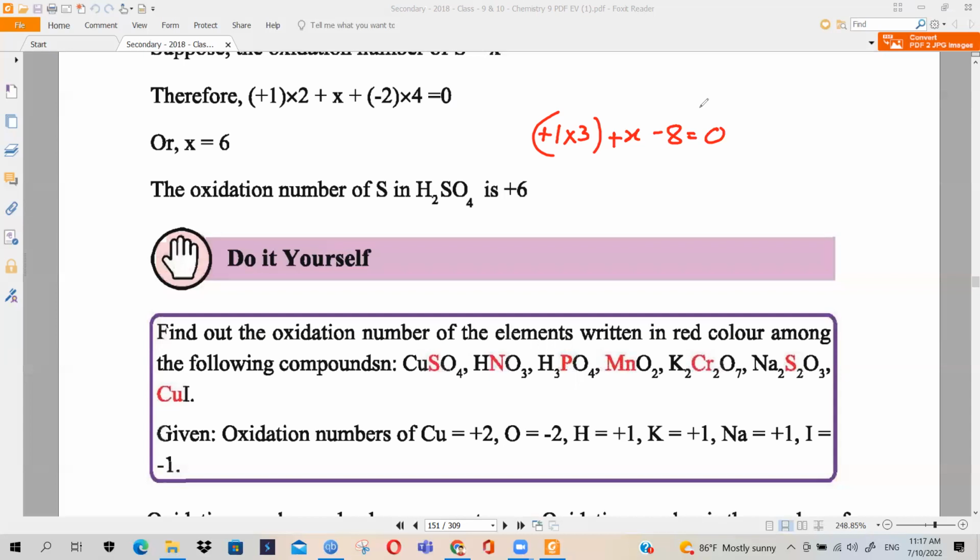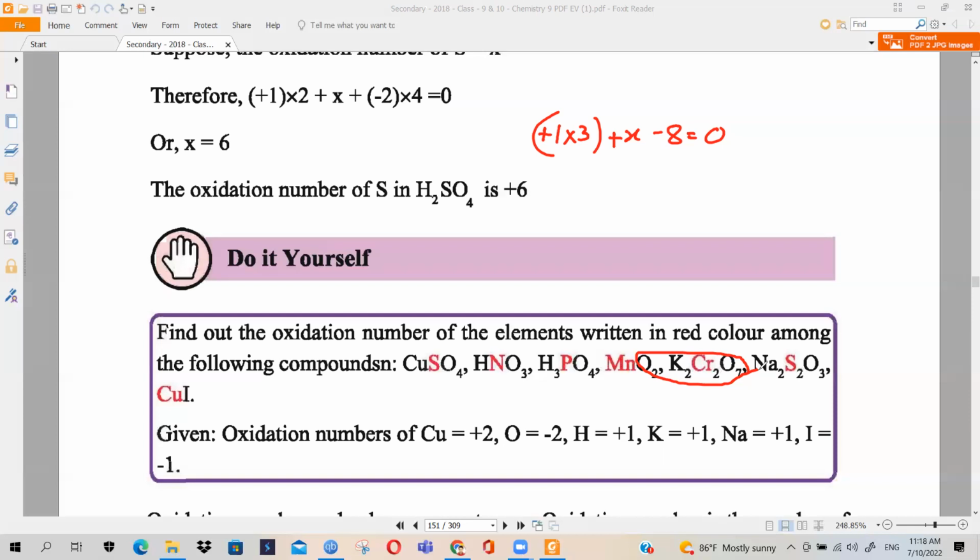Okay. Now try this one. K2Cr2O7. +6. Right, +6.